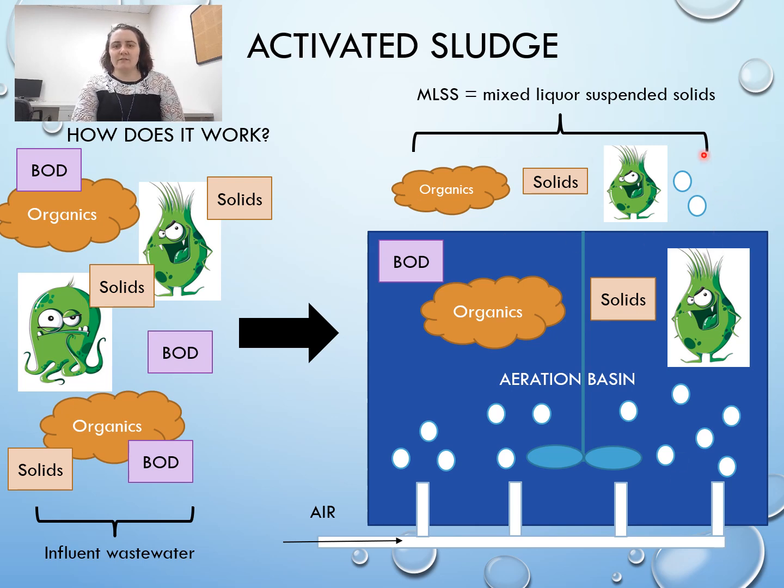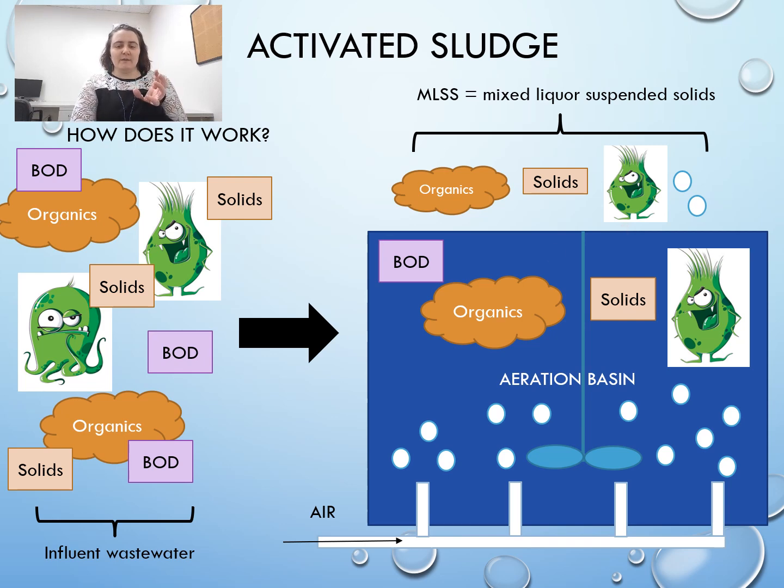The combination of these organic solids and microorganisms, we call mixed liquor suspended solids. The idea here is that we're getting everybody together, we're pumping oxygen into the system because organisms can use that oxygen and can use the organics to do cellular respiration. So that's the first step.